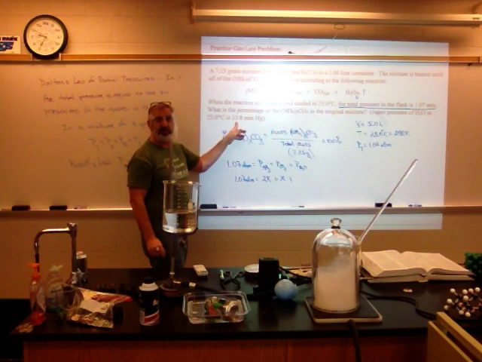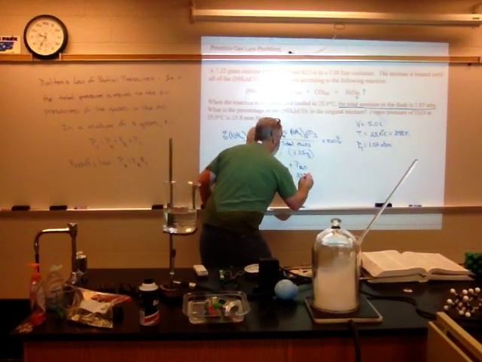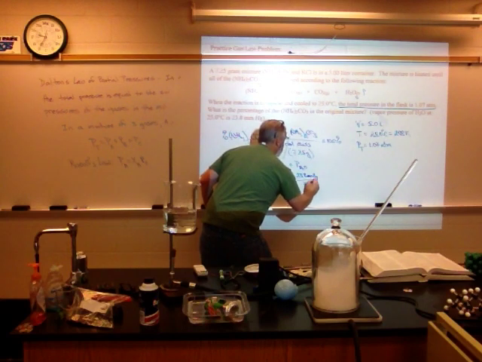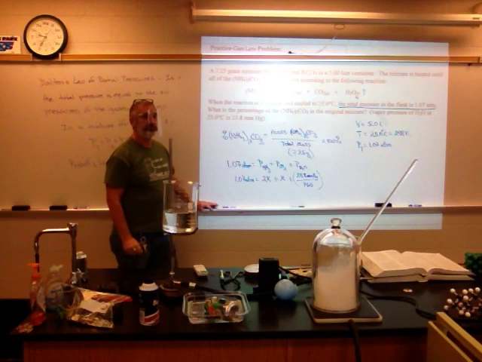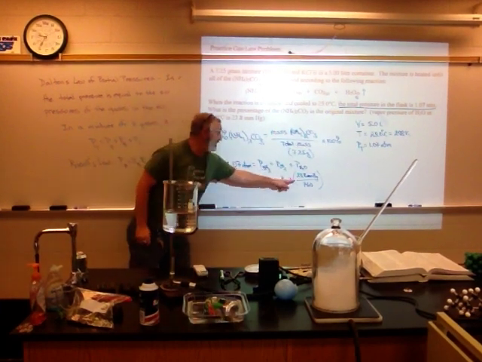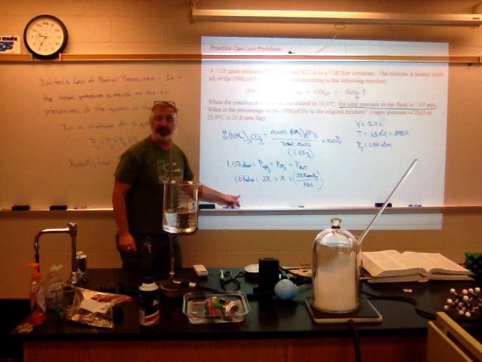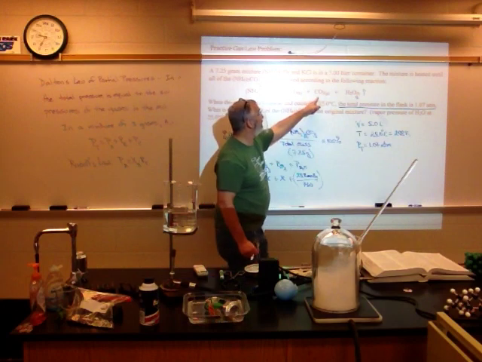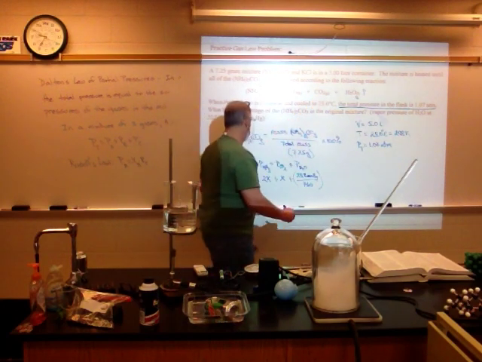How do I convert millimeters of mercury to atmospheres? Divide by 760. So it's 23.8 divided by 760, the pressure of the water. Then you just find what that is, subtract it from here, divide by 3, and you get the value of x, which is this pressure right here. So can somebody do that?